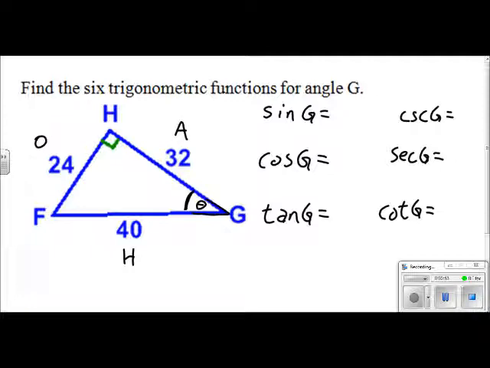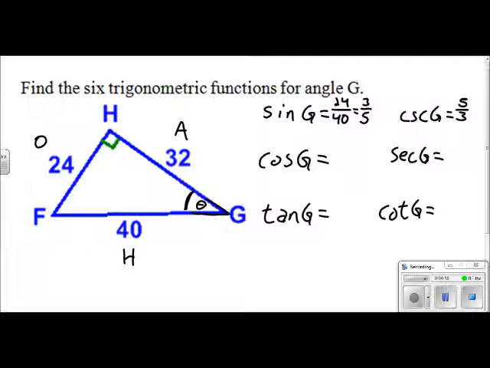So again, if sine is opposite over hypotenuse, we would say it's 24 over 40. And if we reduce those by dividing each by 8, we would have 3/5. Knowing that the inverse of sine is the cosecant, we can just flip those around and say that the cosecant of G is 5/3.